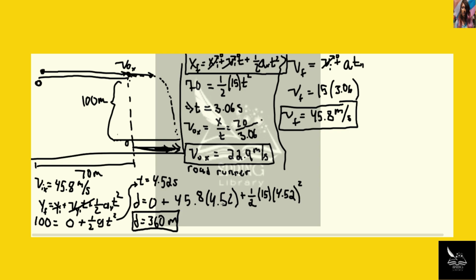All right, now for the vertical motion, I'm going to make some space on this right side here. To do this, we can do this right here. Ooh, I don't want to cross that out. There we go.